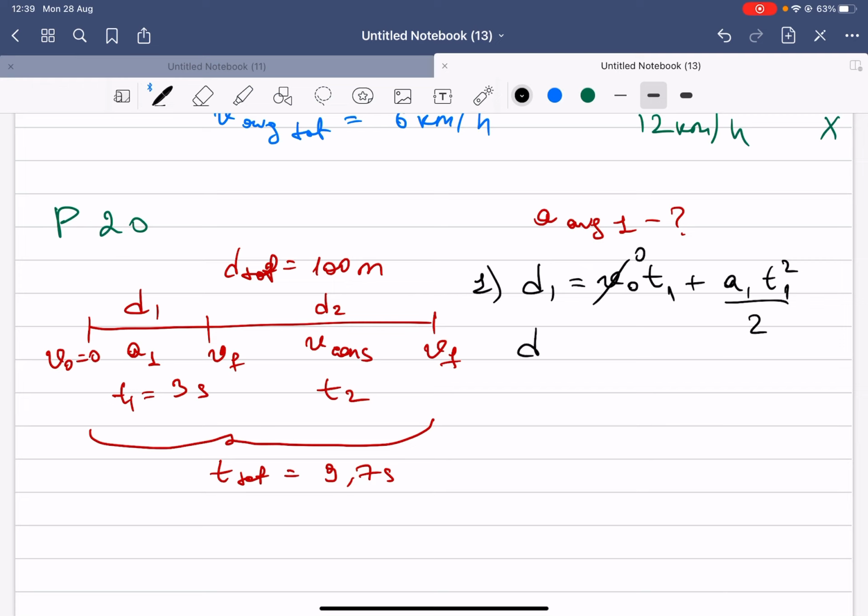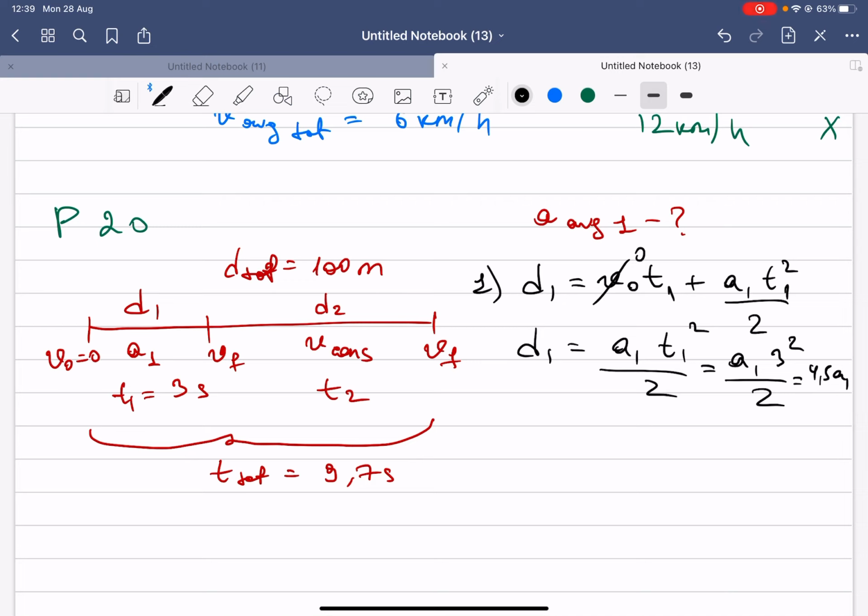So we end up with d1 equal to a1 time 1 squared over 2. Let's plug the numbers: time 1 is 3 seconds, so 3 squared over 2. You can do the calculation yourself later. We'll have 4.5 a1, so d1 is equal to 4.5 a1.